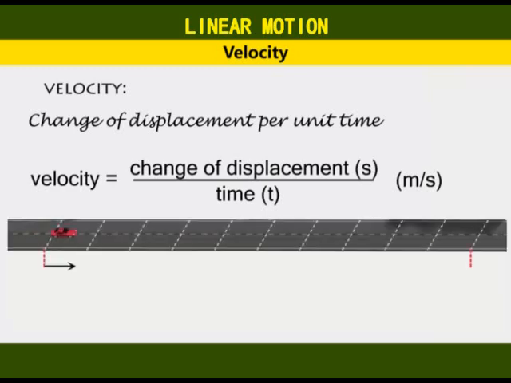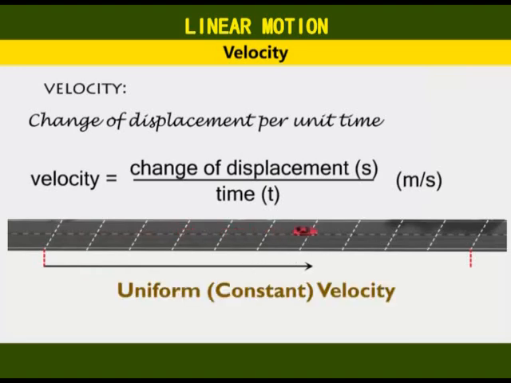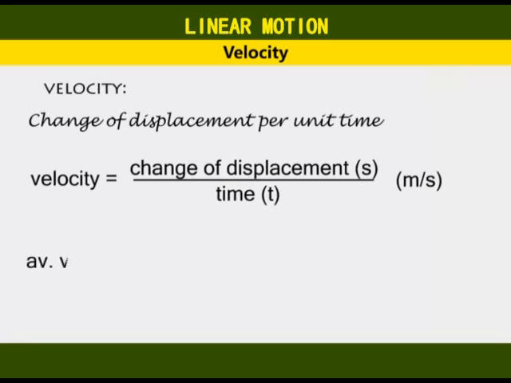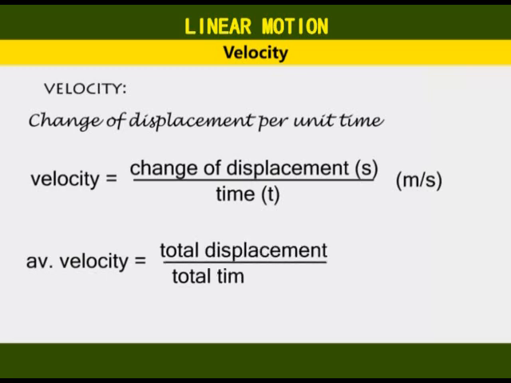If the displacement is the same at equal time intervals, the body is said to have uniform or constant velocity. But it is unlikely that a car maintains uniform velocity over a long period of time. So we talk about average velocity. Average velocity is equal to total displacement over total time taken.